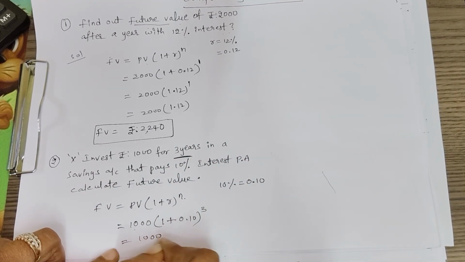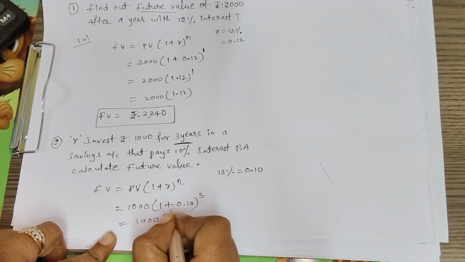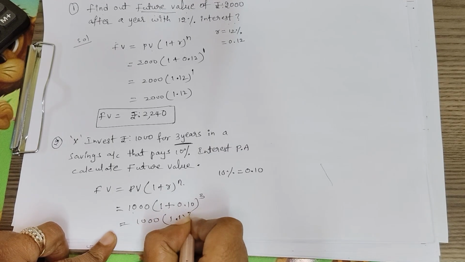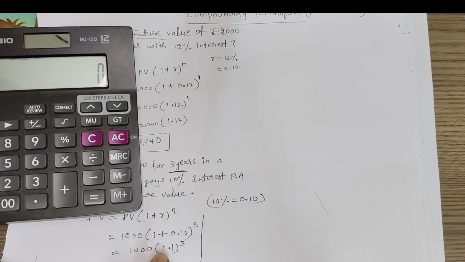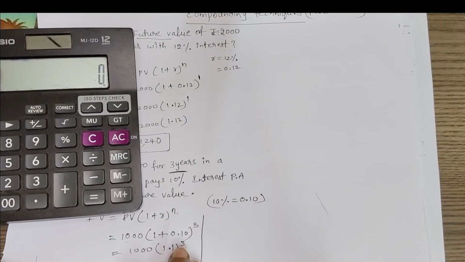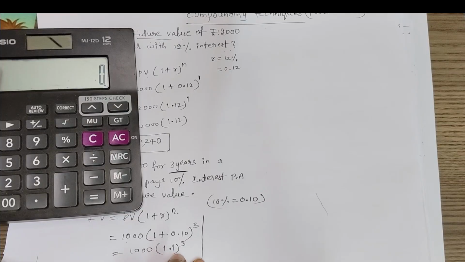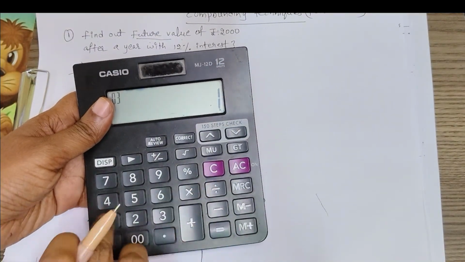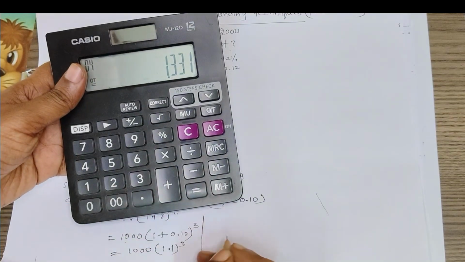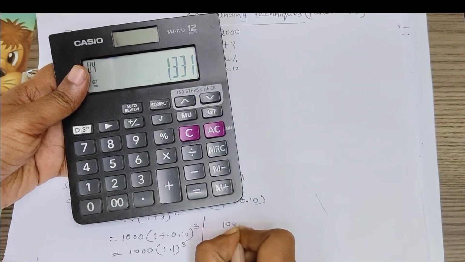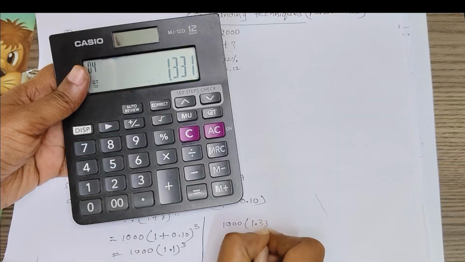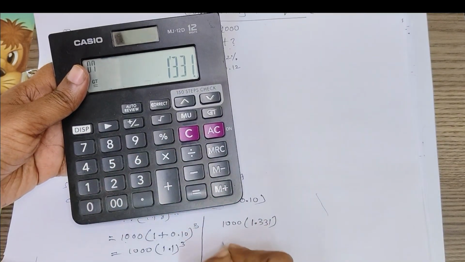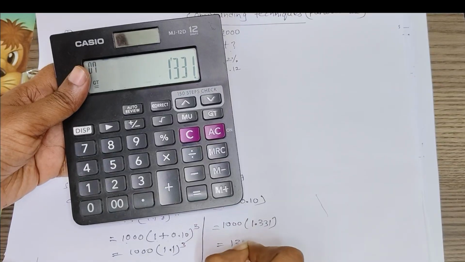So 1000 into 1 plus 0.1, that is 1.1 to the power of 3. 1.1 to the power of 3 means you need to multiply 1.1 three times: 1.1 into 1.1 into 1.1. So how much? 1.331. So 1000 into 1.331, we will get 1331 rupees.